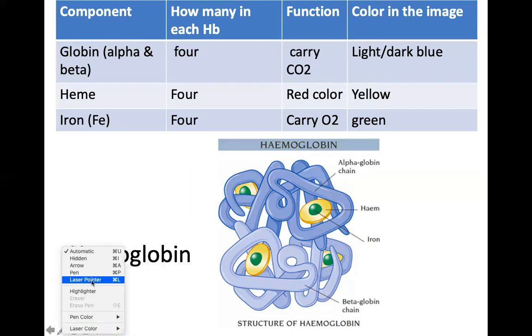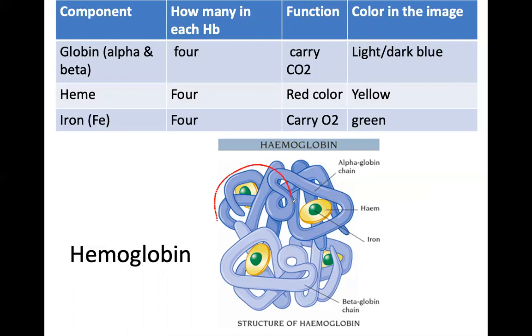Now, a hemoglobin has three main components. It has these larger units. I'm just going to show you a general idea of it. So you can see these four circles, or four colored structures, or subunits of proteins.